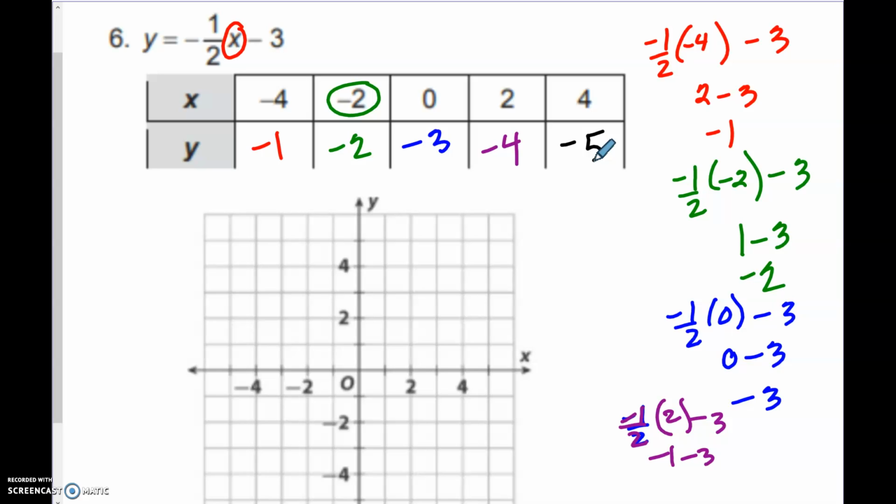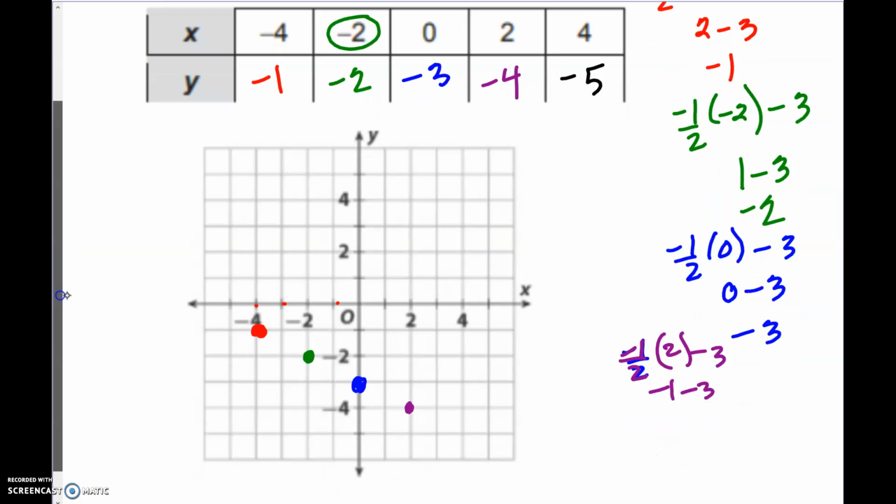Using those ordered pairs, we can graph (-4, -1). Remember, we always go x and then y. So the next one is (-2, -2). And the next one's (0, -3). Then we have (2, -4).